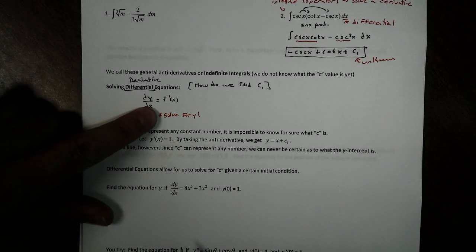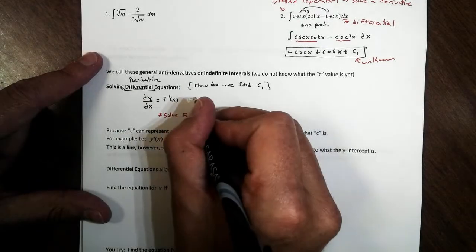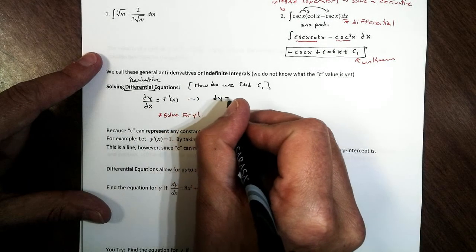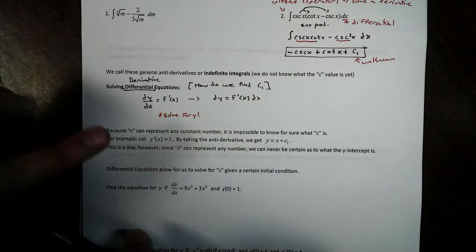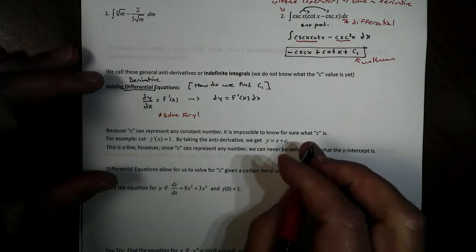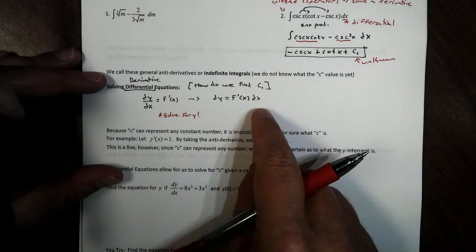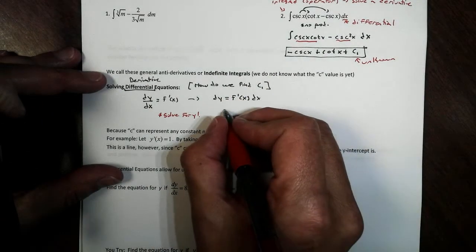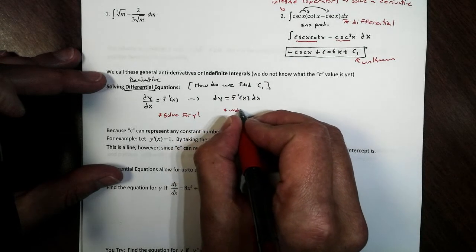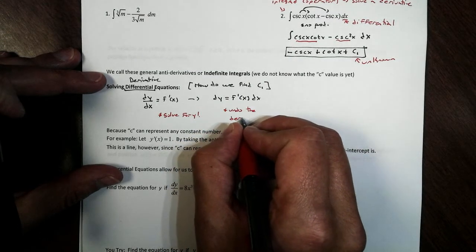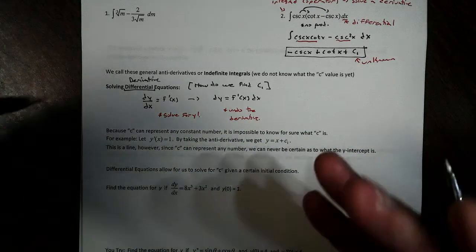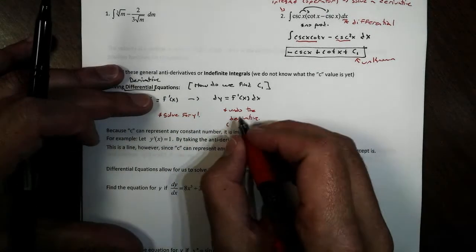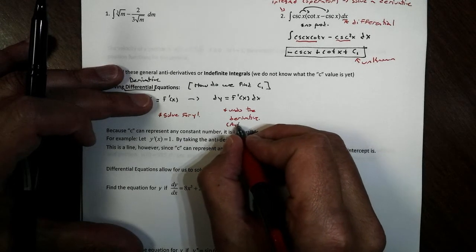So I'm going to multiply by the dx part on both sides, and this becomes dy equals f prime of x dx. Now remember, this is saying that this is a derivative, so now we have to undo the derivative. Well, this is not like an algebra problem. We have to do the inverse of a derivative, and to do that, we use antiderivatives.